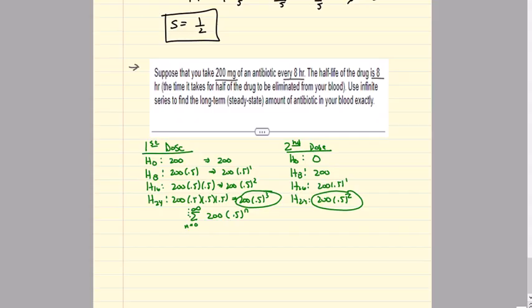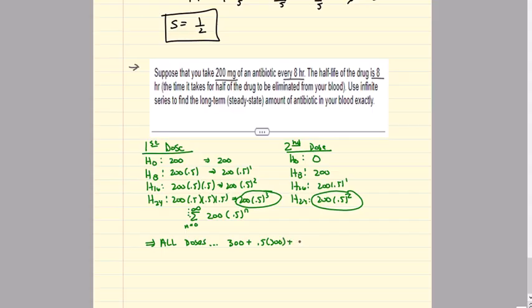So what this ends up looking like is, if I consider all doses, I'm always going to have my most current dose, and that's going to be the 300. And then the dose that I just took would be 0.5 times 300 before that.